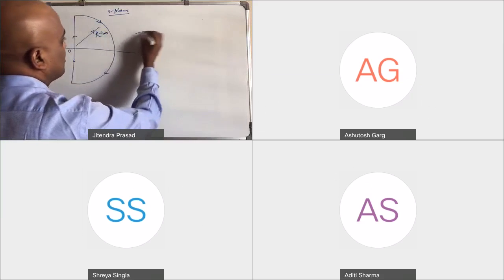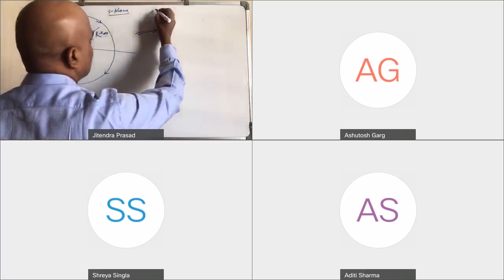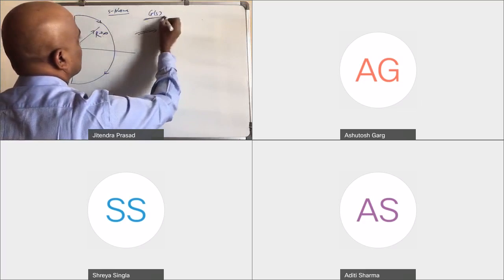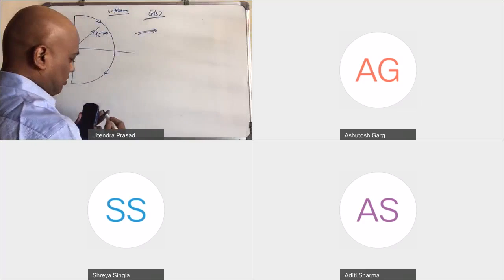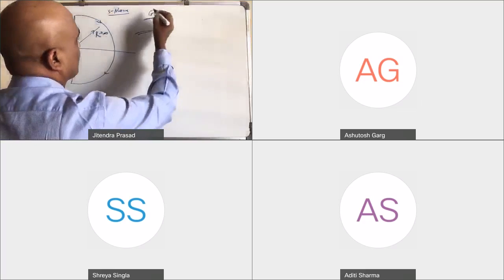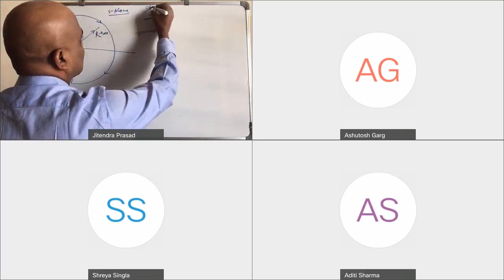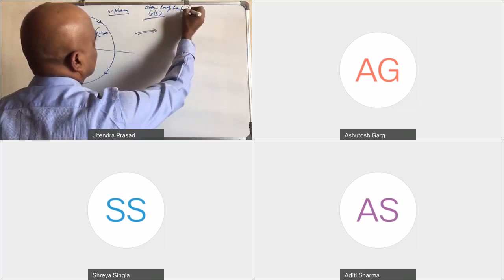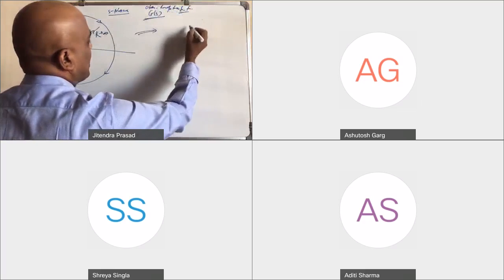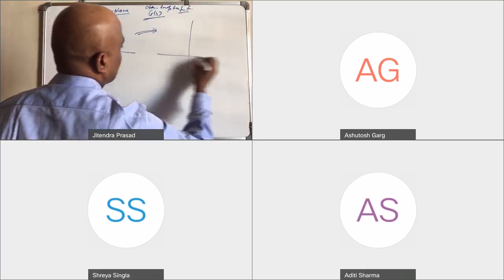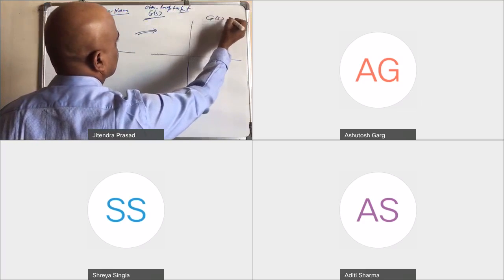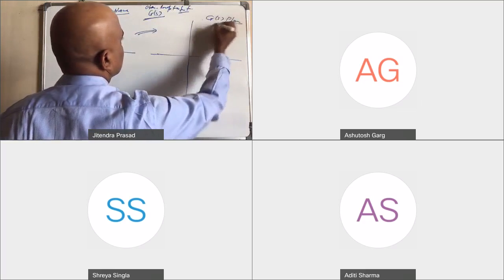Here you are mapping what? Let us say you have G(s), the open loop transfer function, and you are going to plot G(s) here in the G plane.